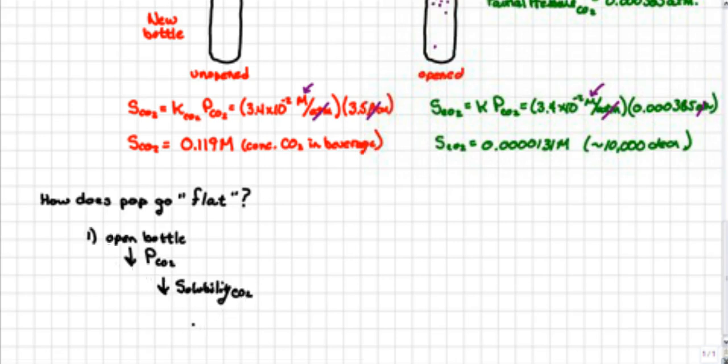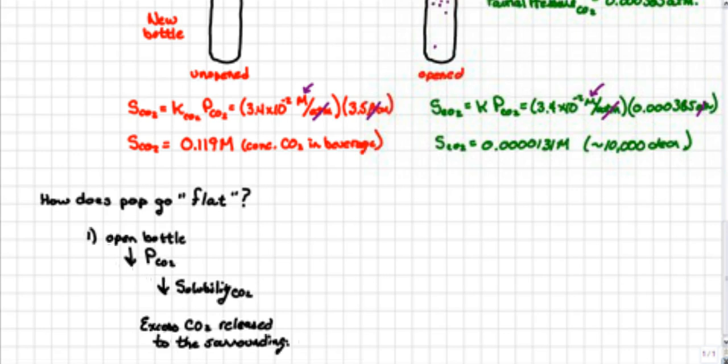And as a result of this, less solubility means less carbon dioxide can be dissolved, and therefore the excess carbon dioxide that is in the solution but not supposed to be there, it's in effect supersaturated, the excess carbon dioxide is released to the surroundings. And as that carbon dioxide is released into the surroundings, the soda that we were looking forward to drinking loses its fizz, so to speak.